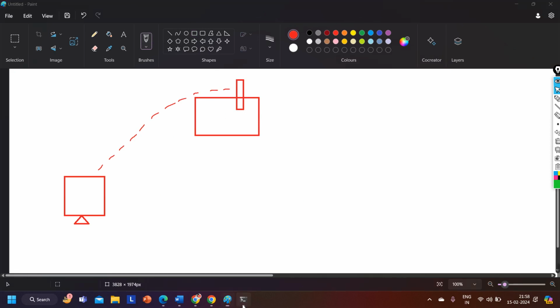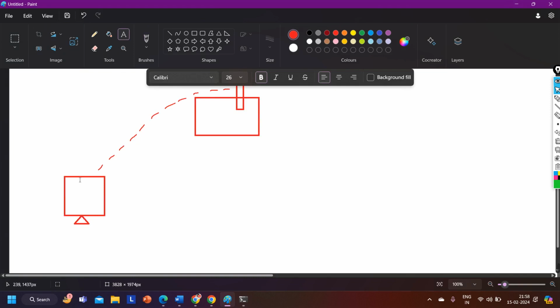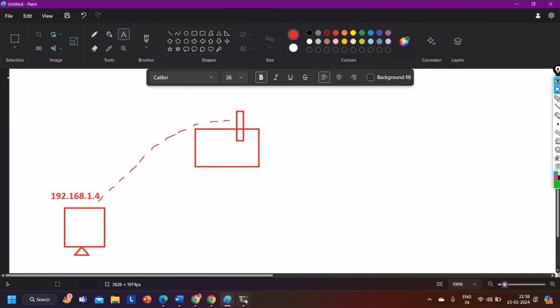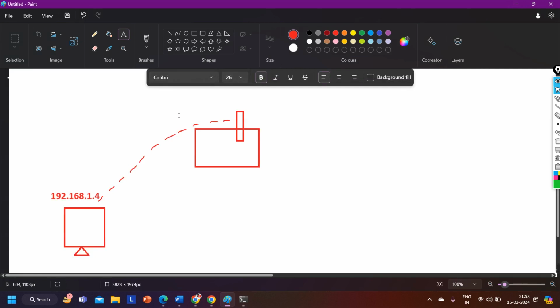And what is the IP address of this NIC port? 192.168.1.4, correct? What is the gateway IP address? Gateway IP address means my router IP address, which is 192.168.1.1.